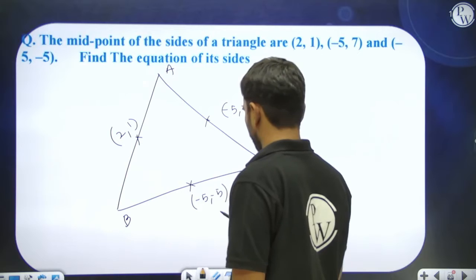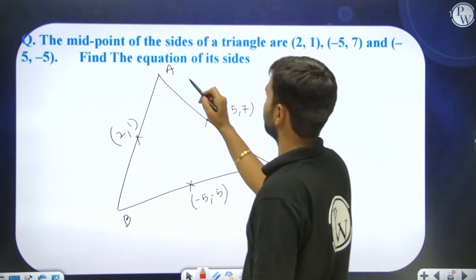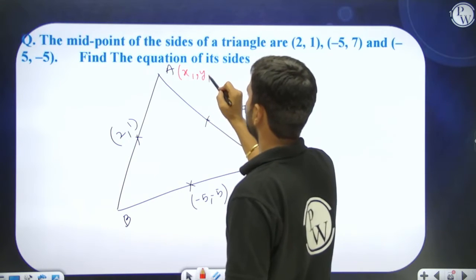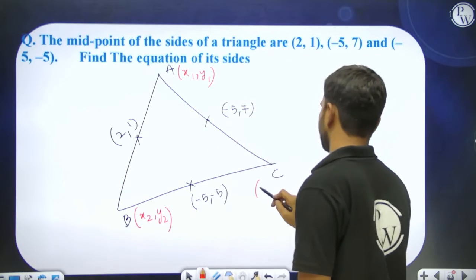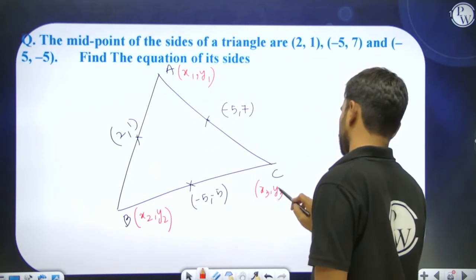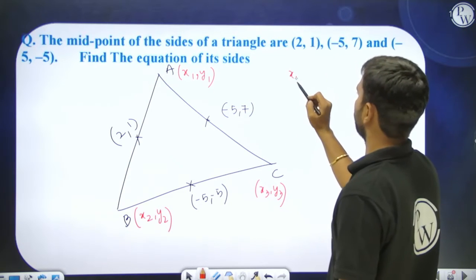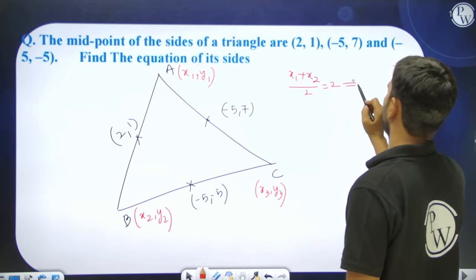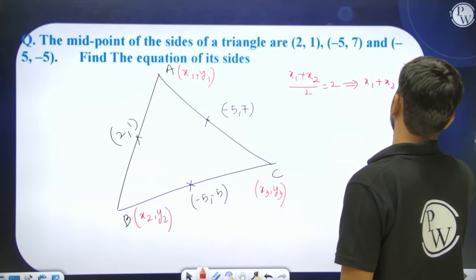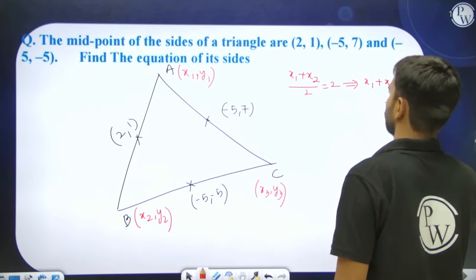understand, if we are assuming the coordinates of this point as x1, y1, this one as x2 comma y2, this one as x3 comma y3, then we can say that x1 plus x2 by 2 equal to 2 means x1 plus x2 equal to 4, calling it as 1.